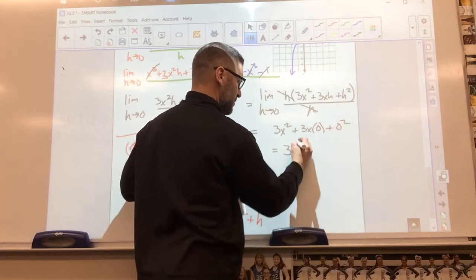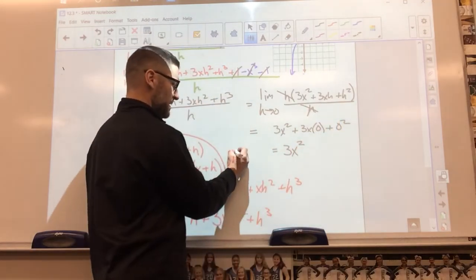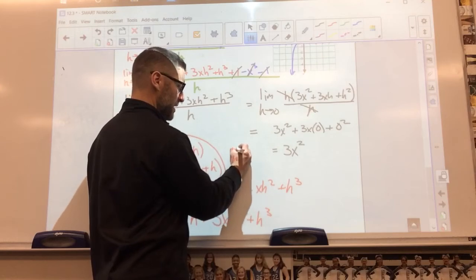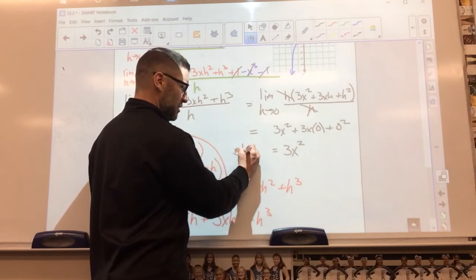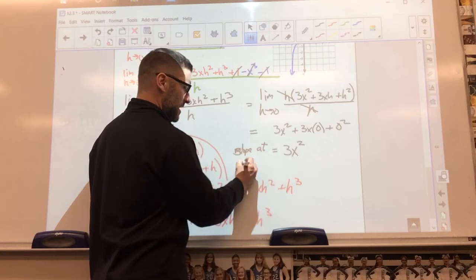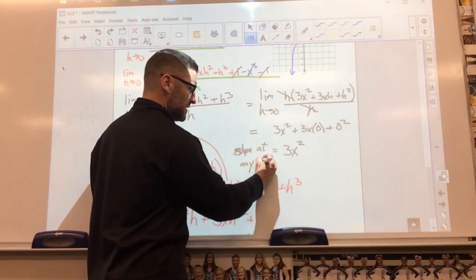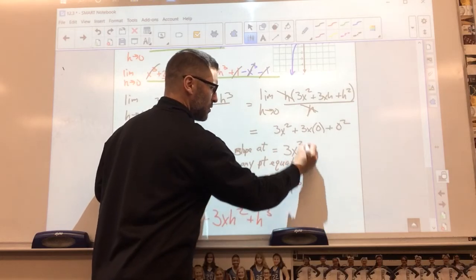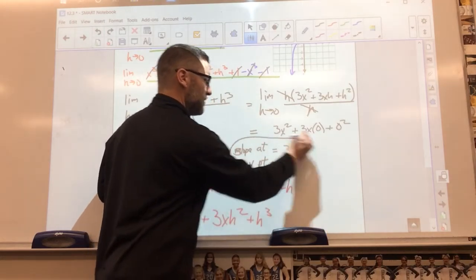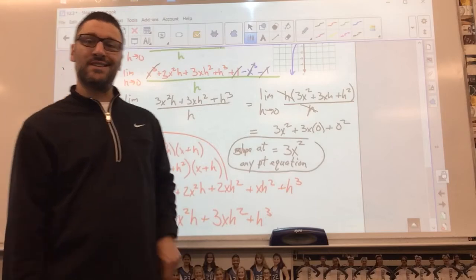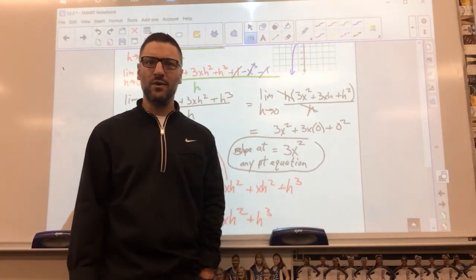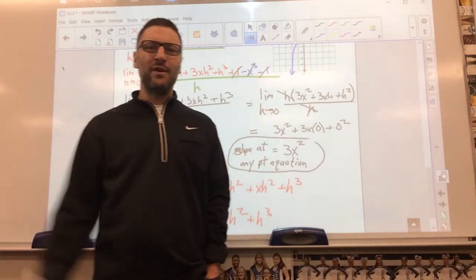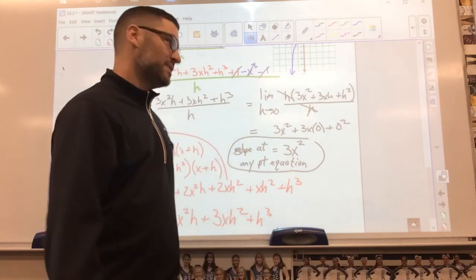I get 3x squared, which is the slope at any point equation, or the instantaneous rate of change at any point equation. It's actually called the derivative, which is kind of cool. It's so important, so famous, it has a name, but we just haven't gotten there yet.